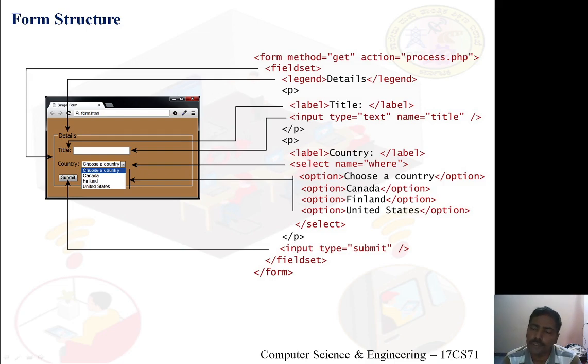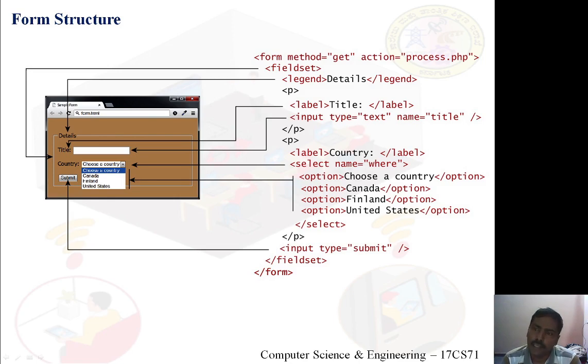We call post a secured one, whereas get is not that secure. We'll see why get is not secure and why post is secure while I discuss get and post. But at present, just think method equals get means it's one of the ways through which the input parameters will be sent to the server.